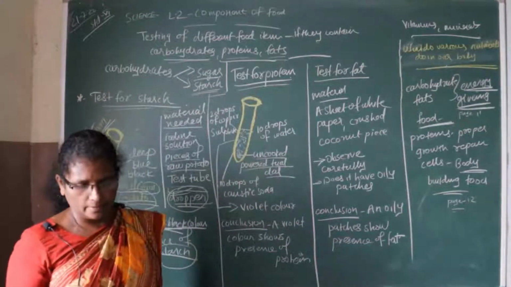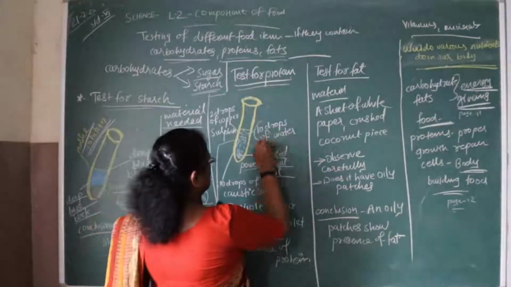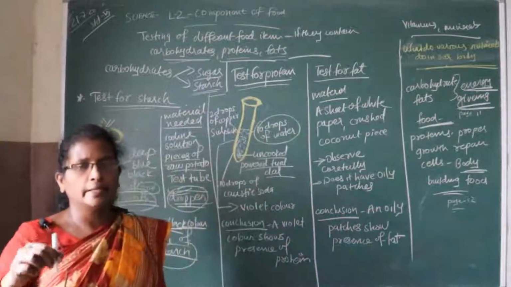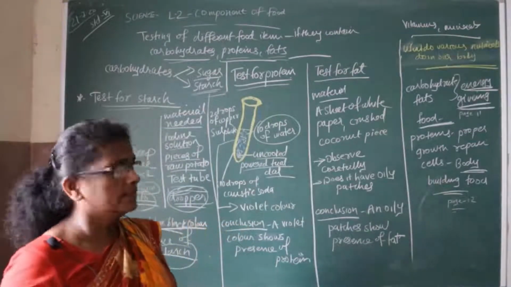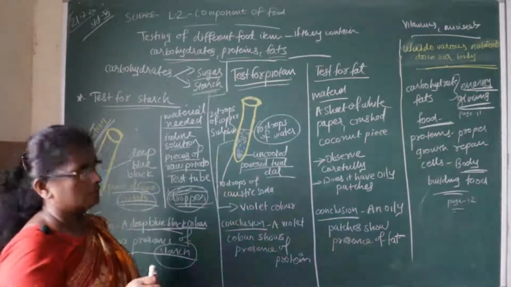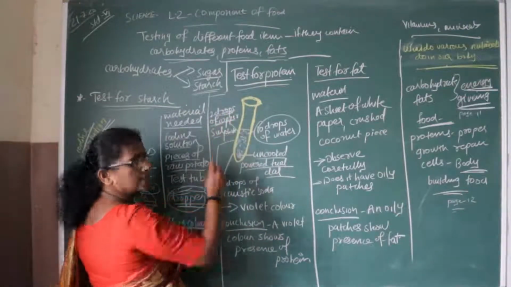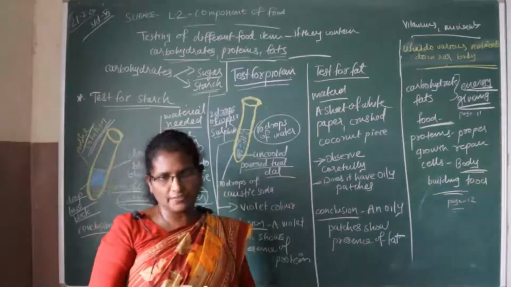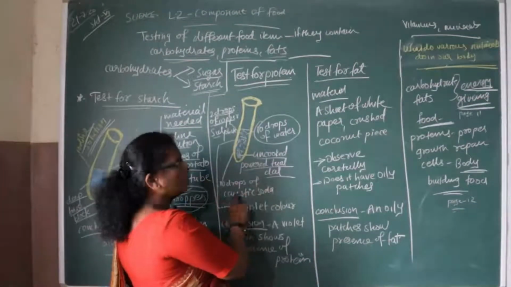Then add 10 drops of water and shake the test tube well. After this we add 2 drops of copper sulfate solution, then 10 drops of caustic soda.